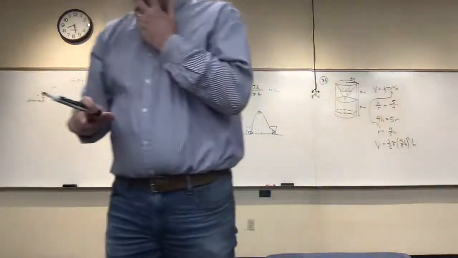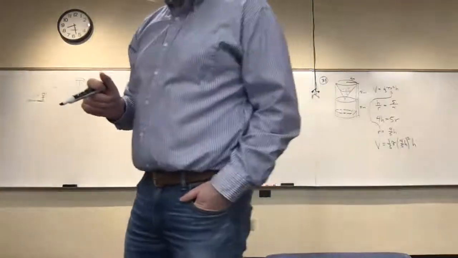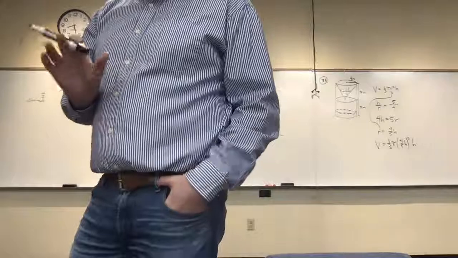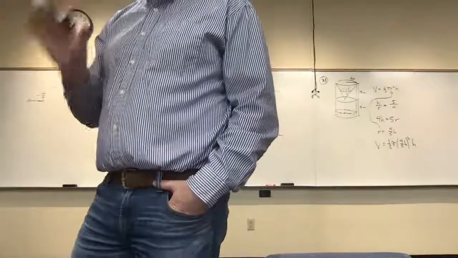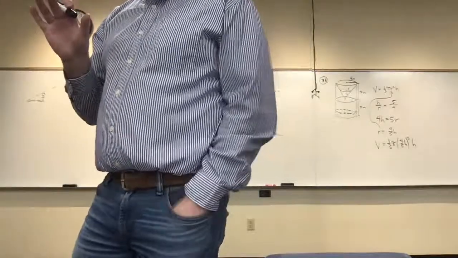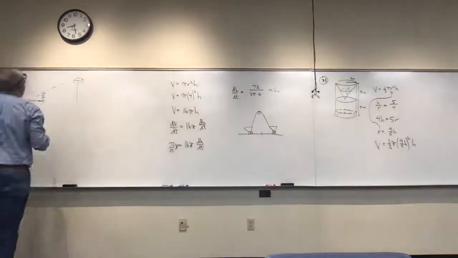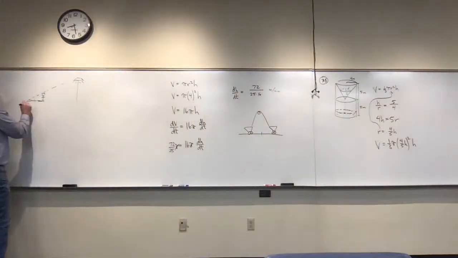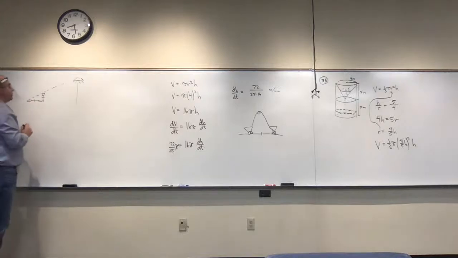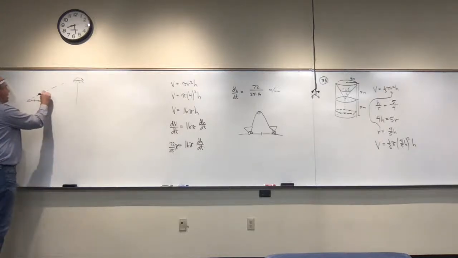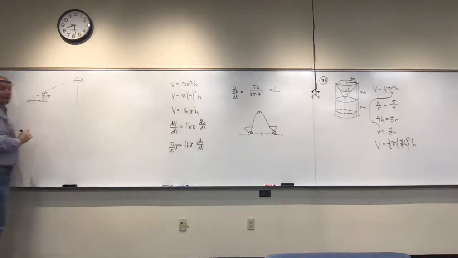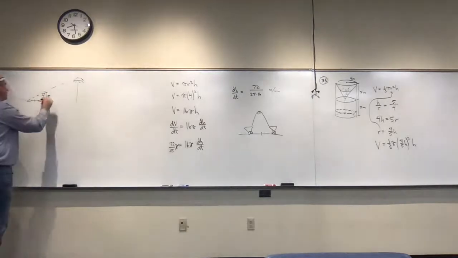And then at what rate is the tip of her shadow moving? So what I need to do is set up some variables here. I know that this height right here is 5, right? Is it 5 feet?